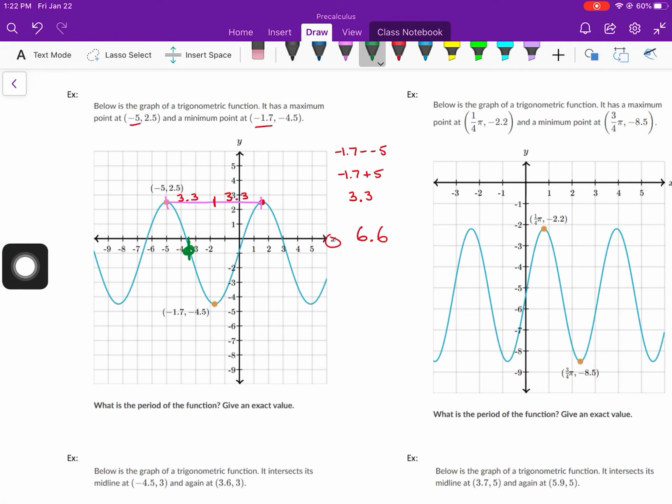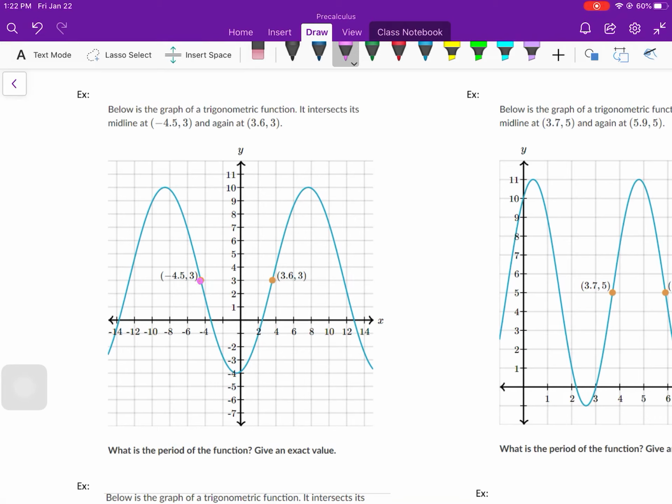What about here? Now we have the midline, so we have one on the midline. We need to go through a valley and a hill before we get to the end. Once again, we have the halfway point. So let's find that horizontal distance. Look at the x values, 3.6 and negative 4.5.